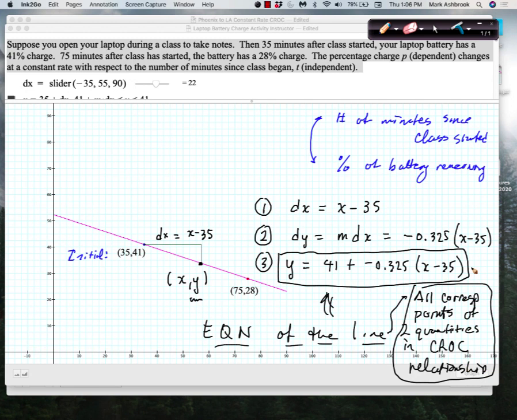So for any value of x, time since class started, this relationship will tell me the corresponding battery life. Okay, and this is much more relevant for calculus. It's using all the underpinnings of calculus, as we'll see, while mx plus b just becomes a standalone exercise. Monkey see, monkey do, okay?